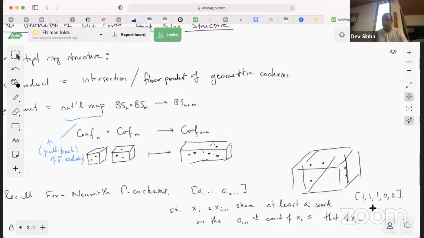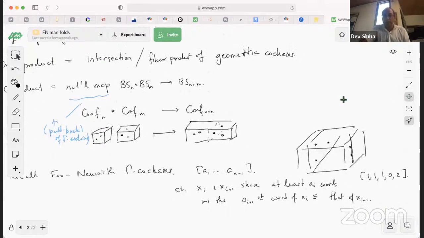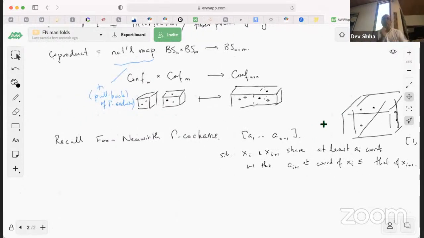Well, the claim is that the way this works is, in this map from configurations of endpoints to cross configurations of endpoints, the nth point can't share its first coordinate with the (n+1)st point.